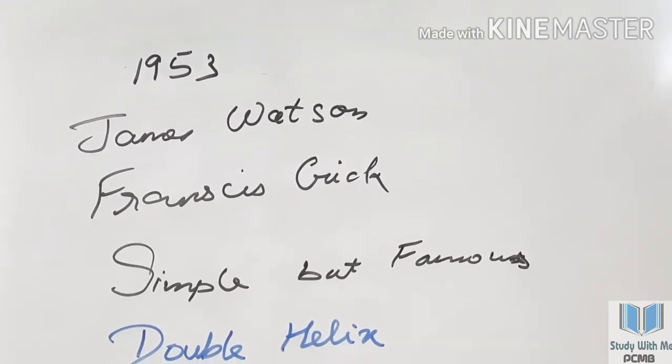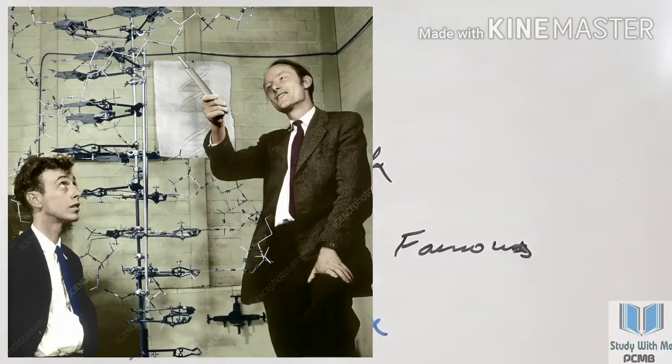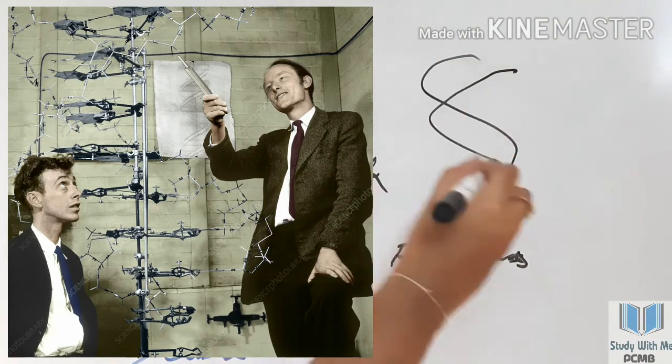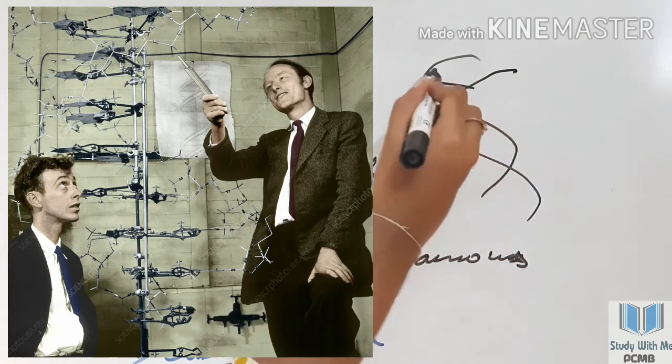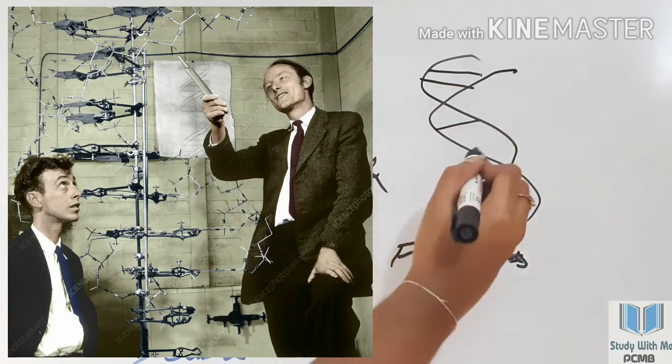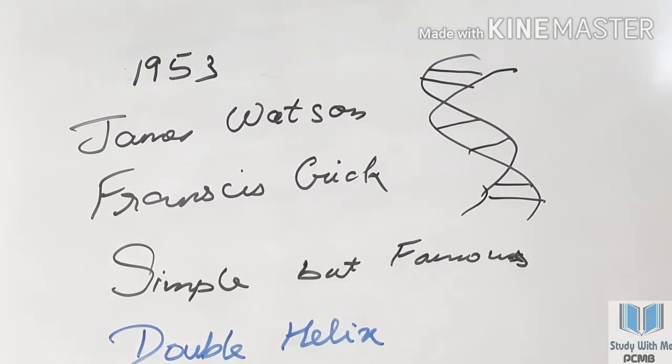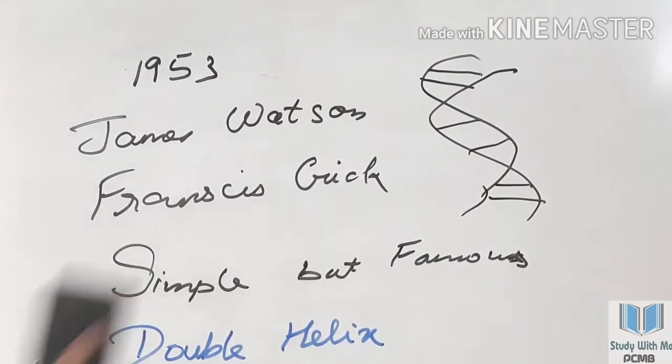So these are the two scientists and this is the double helix structure. It is nothing but the three dimensional form of the normal DNA, like this. It is in a plane now, but it is three dimensional. They observed it. They created a structure first.